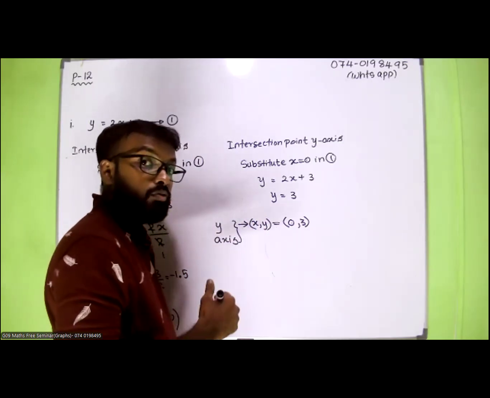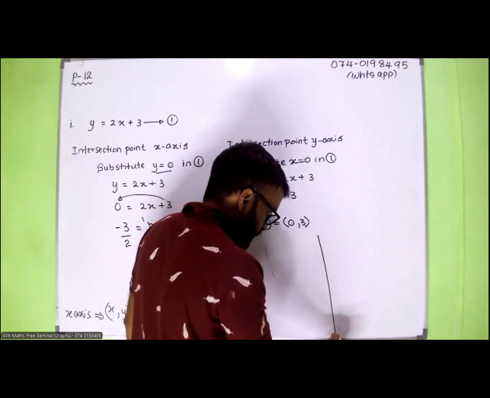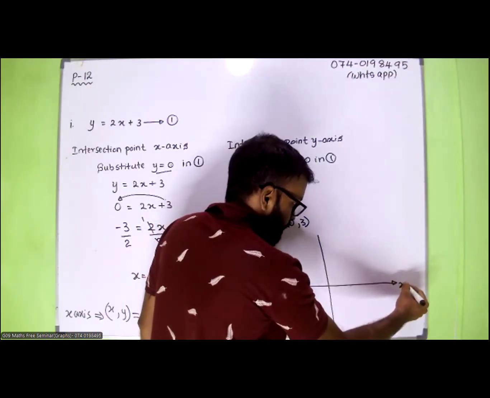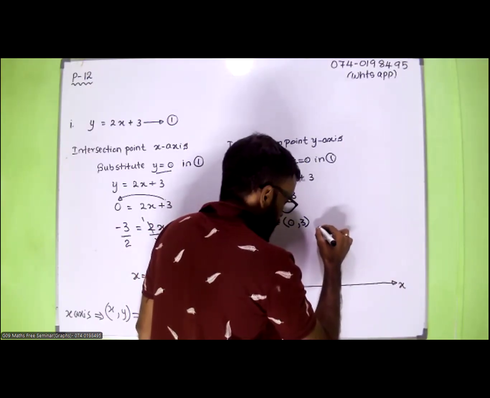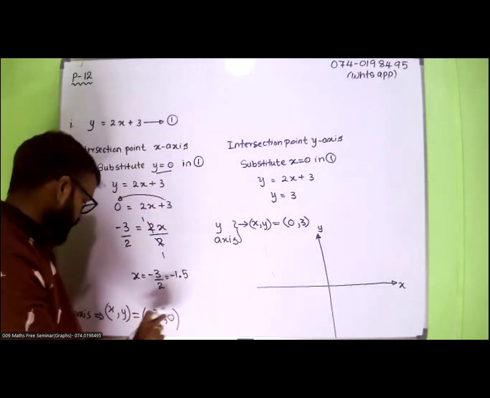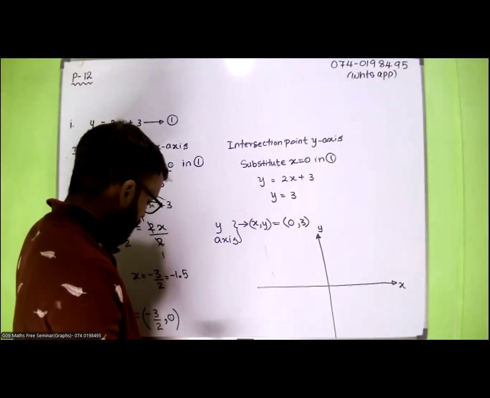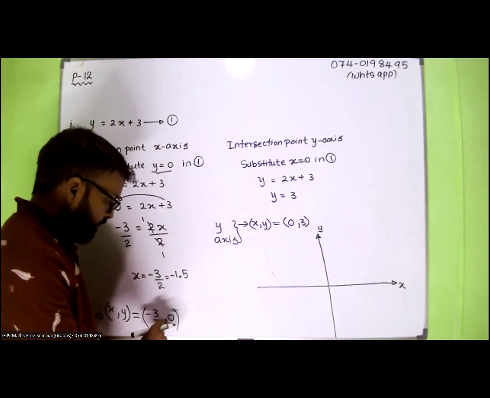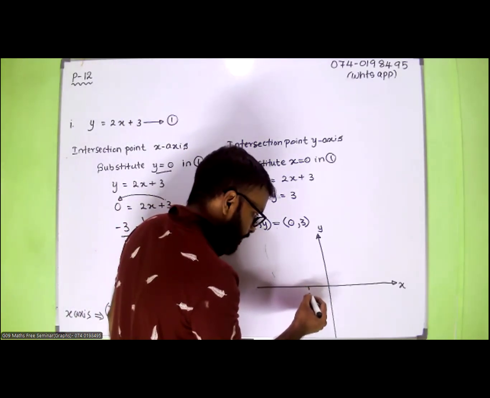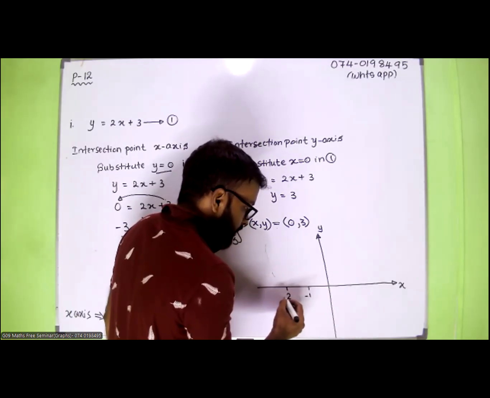Now how are you going to plot? y-axis, x-axis. What is the intersection point of the x-axis? Minus 3 upon 2, that means minus 1.5 comma 0. So I will take this as 1, this as 2, minus 1 and minus 2.